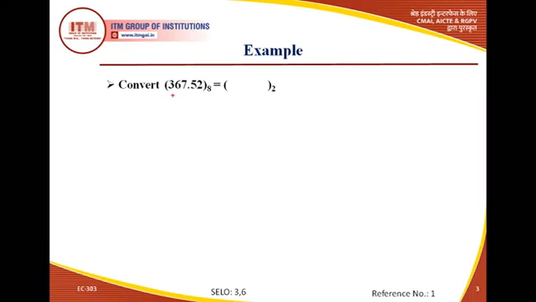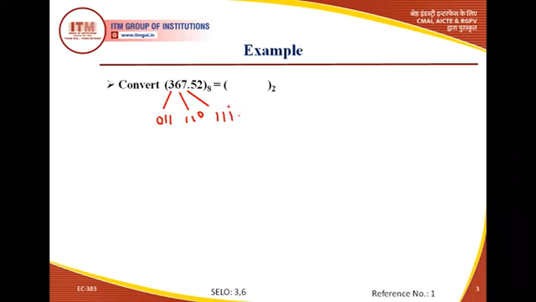From the table it is clear that the 3-bit equivalent of 3 is 011, the 3-bit equivalent of 6 is 110, and the 3-bit equivalent of 7 is 111.